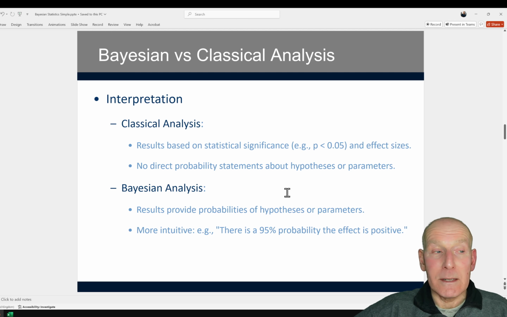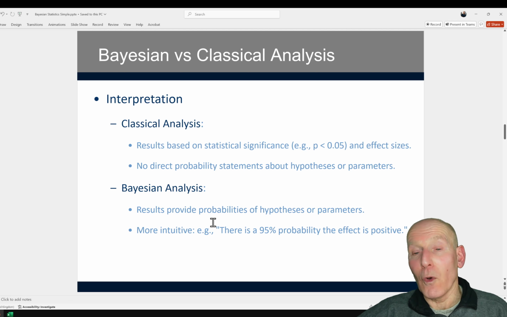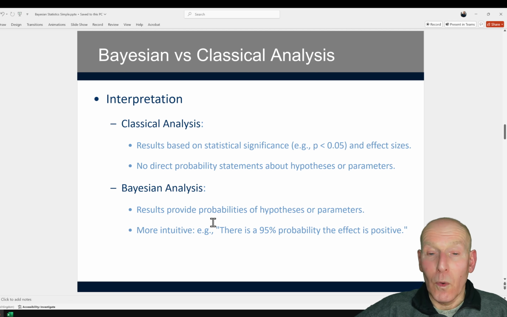And essentially this parameter in Bayesian statistics is effectively now a probability distribution rather than a fixed value. So you are actually getting some sort of information about the probability of your hypotheses or your parameters. Therefore, giving a fixed value does not really make sense in Bayesian statistics.